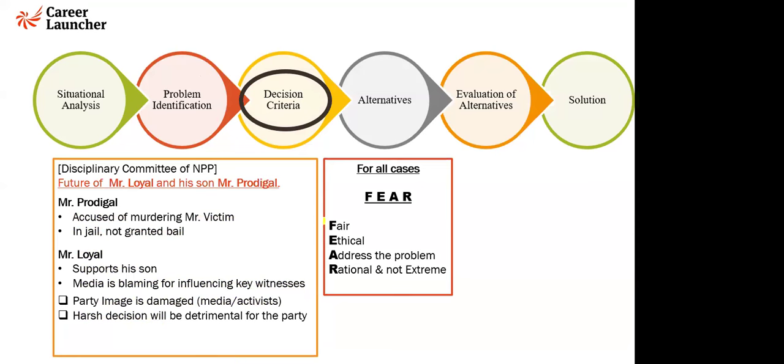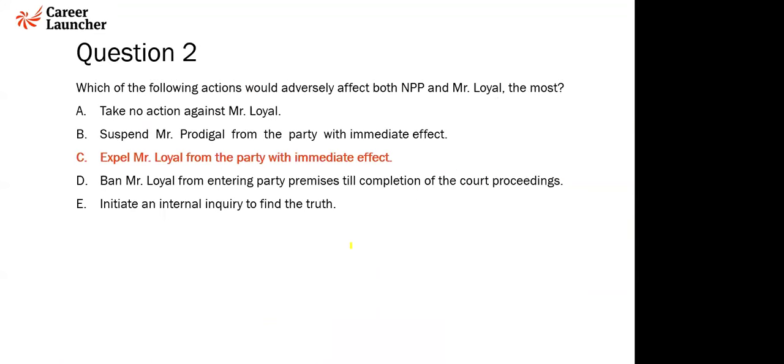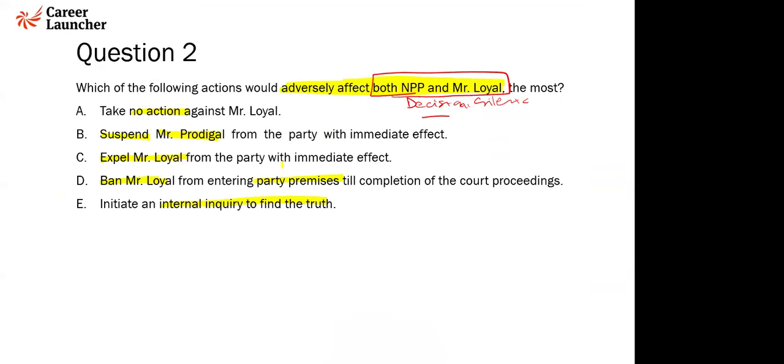Let me explain. I don't think fair and ethical need to be explained. But remember, ethical is again a criteria-based thing. For example, if you look at the questions out here. What's ethical about this? Similarly, which would affect Mr. NPP and Mr. Loyal the most? What will lead to the maximum damage to NPP and Mr. Loyal?